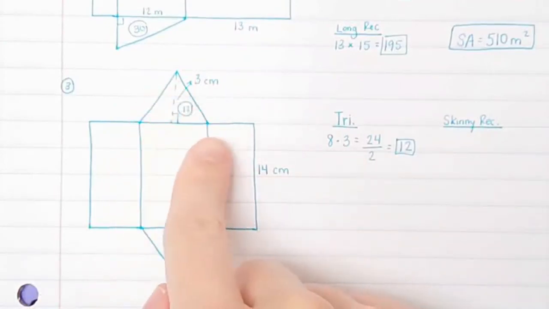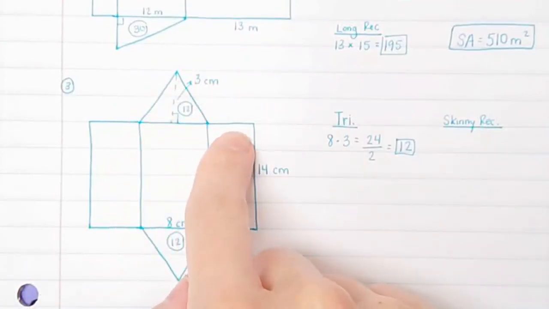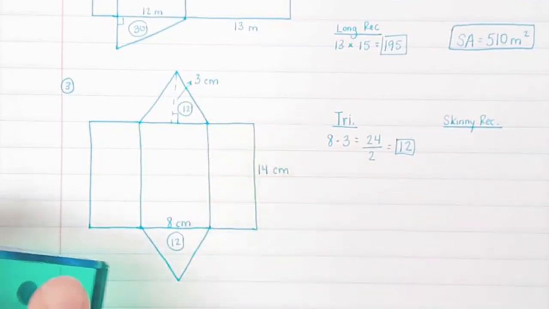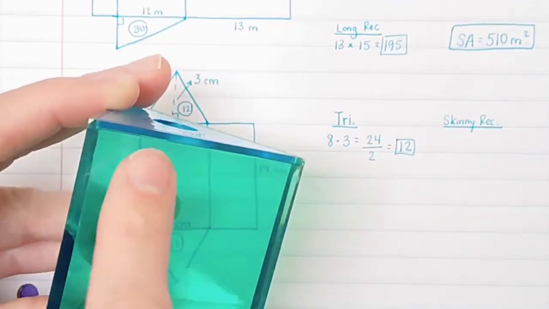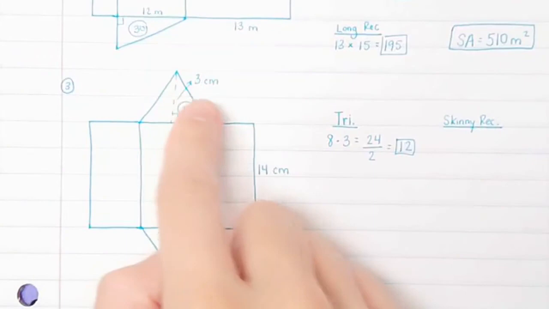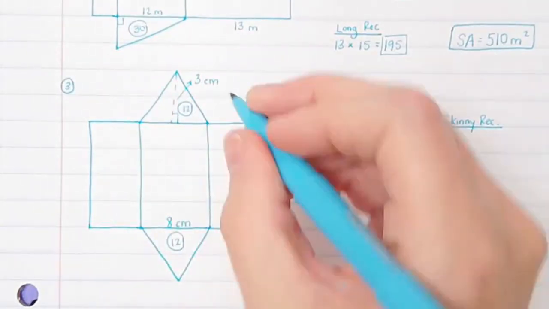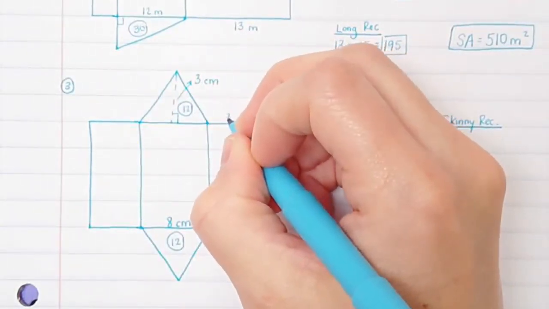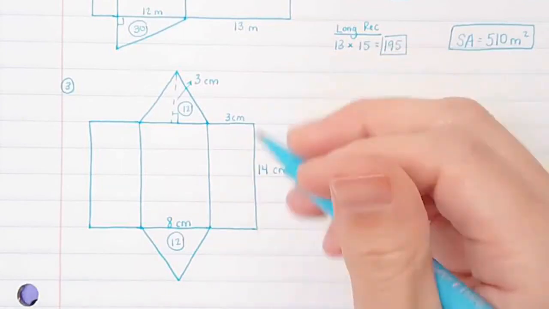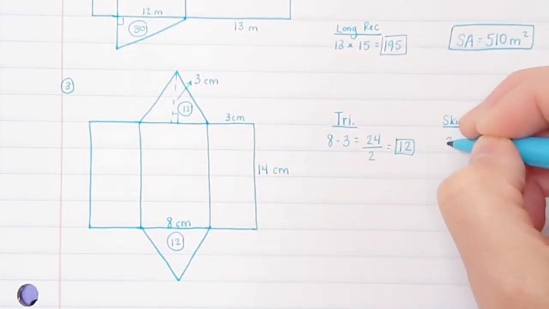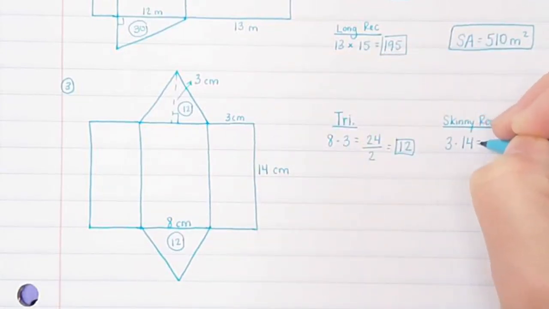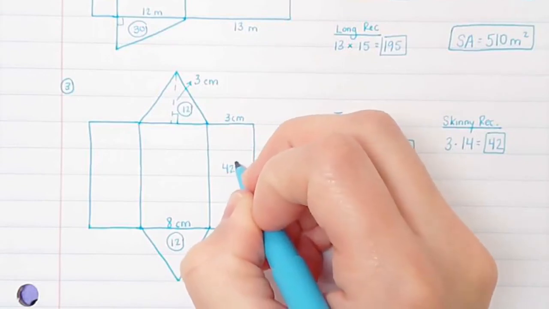So that tells you that these fold up to form this line along the side. These lines have to match up. So therefore, this side right here also has to be 3. You got to be careful with that. Okay? So if you do 3 times 14, you get 42. So this one's 42, and this one's 42.